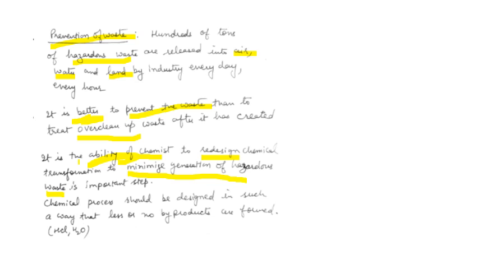The chemical process should be designed in such a way that fewer or no byproducts are formed. It can be a gas like HCl or H2O water, forming in a large amount. That should not be required. So that is the first principle, prevention of waste.